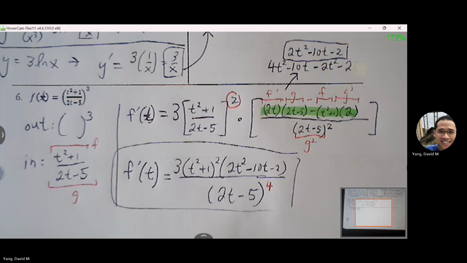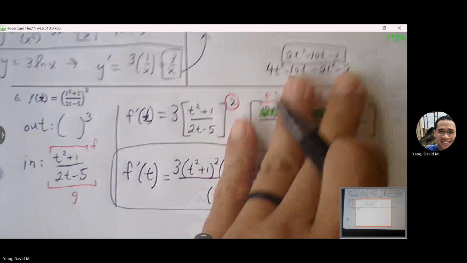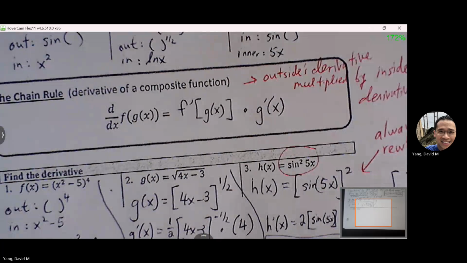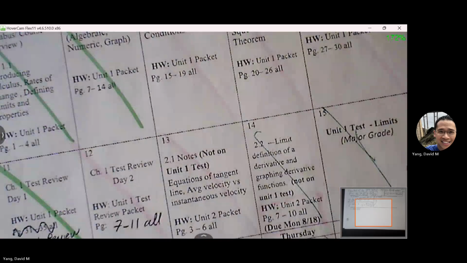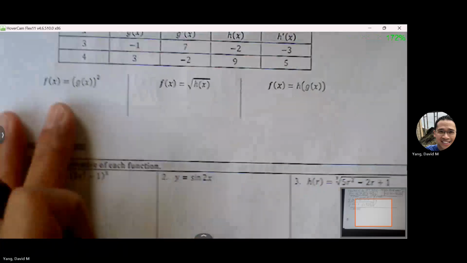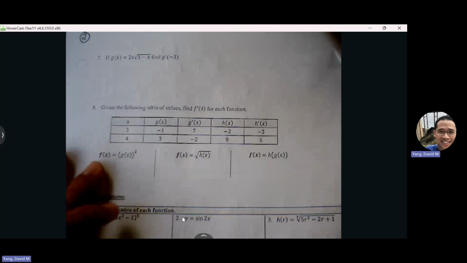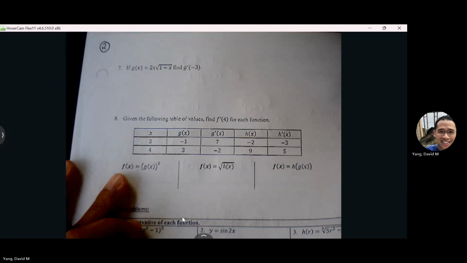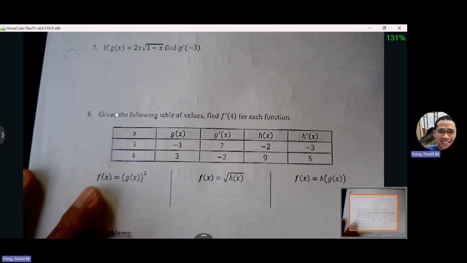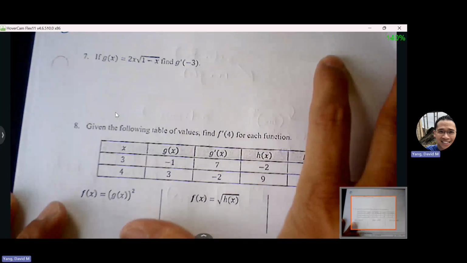Page 2. Okay. Top of page 2, number 7. This is also one that we can rewrite because we see a radical there.